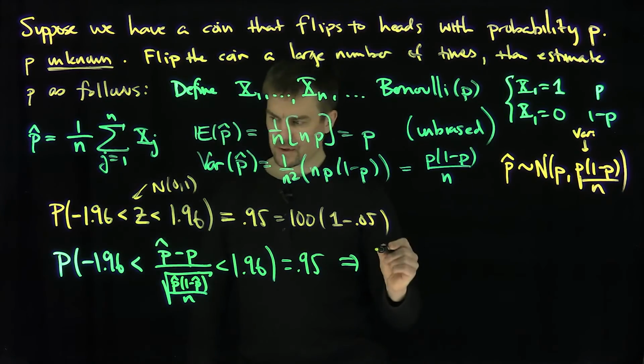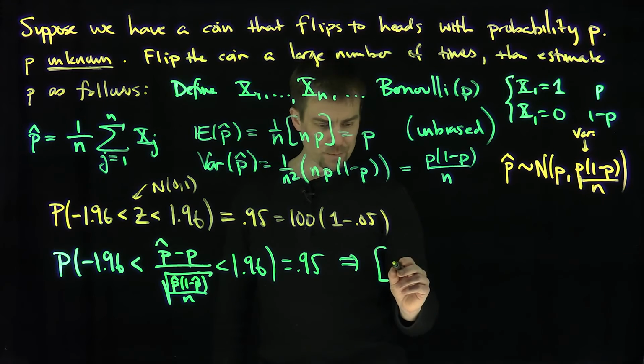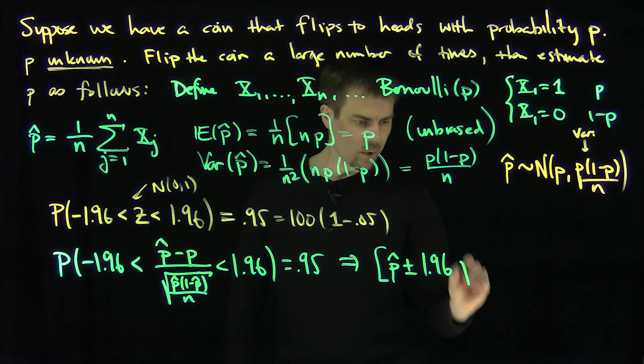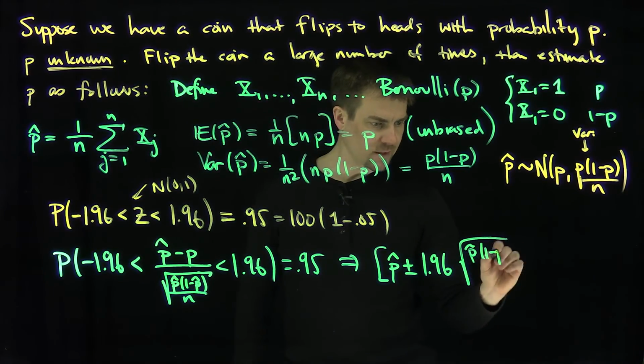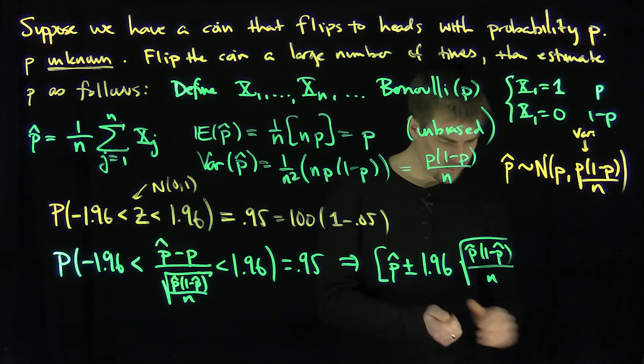And so therefore we have our confidence interval. Our confidence interval is just p hat plus or minus 1.96 times the square root of p hat 1 minus p hat over n, which is our 95% confidence interval.